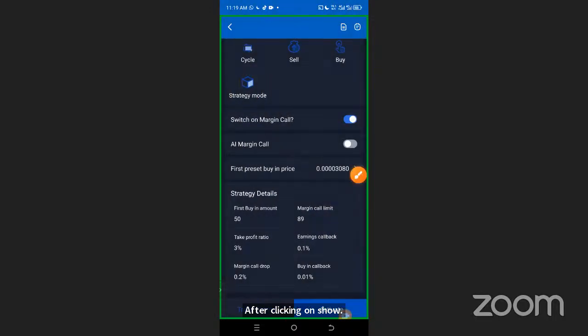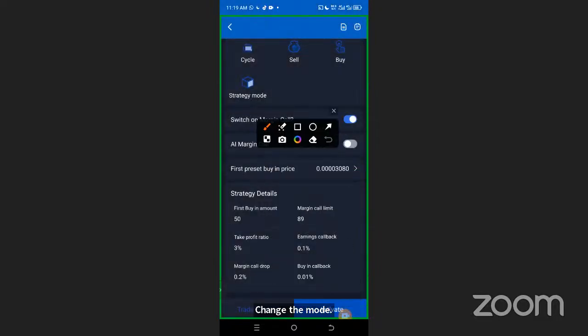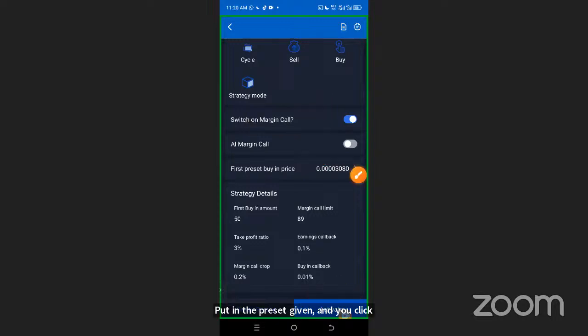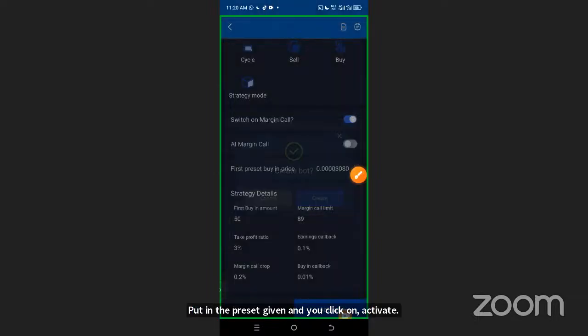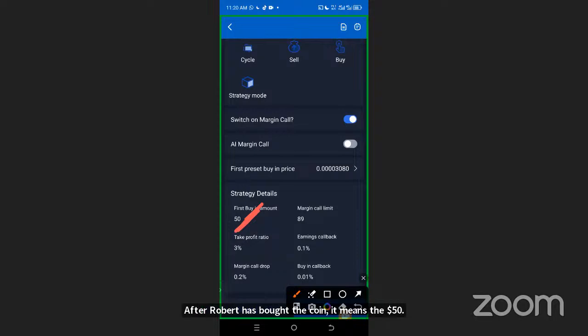Change the mode to sub-bin mode real-time settlement. Then put in the preset given and click on activate. You click on create. After the robot has bought the coin, it means the $50 has already gone to the market.